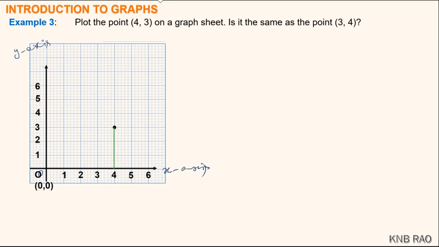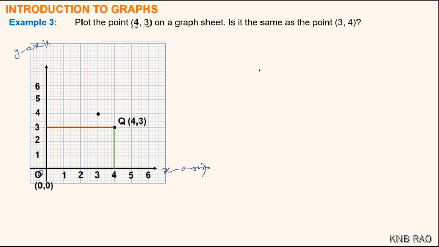It is because the perpendicular distance from the point to x-axis is 3 units and the perpendicular distance from the point to y-axis is 4 units. So, a number corresponding to the x-axis is 4, a number corresponding to the y-axis is 3, and their perpendiculars, if I draw, they meet at a point, this 4, 3. Let me say it is Q 4, 3.